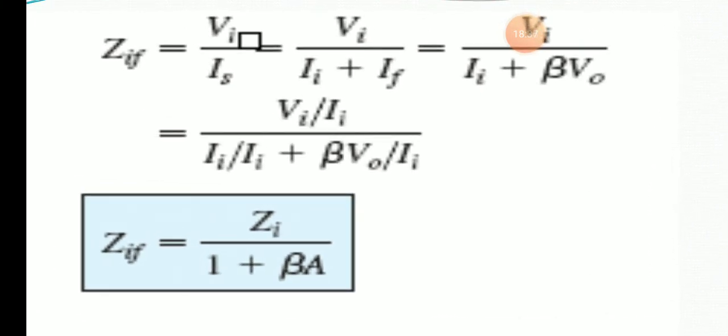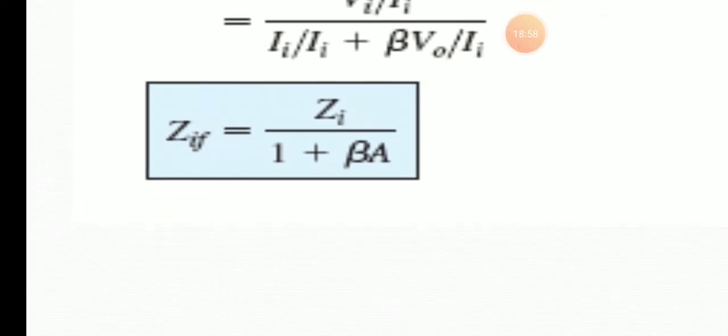So after putting this in, Vi by Ii, into Ii plus beta V0, plus Ii. We know that the input voltage by the input current is nothing but the input impedance. So Zif equals Zi by (1 plus beta A).